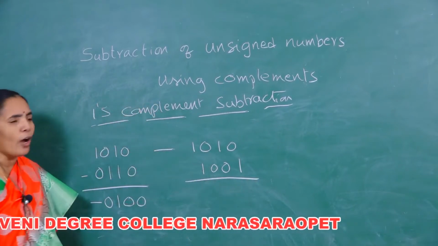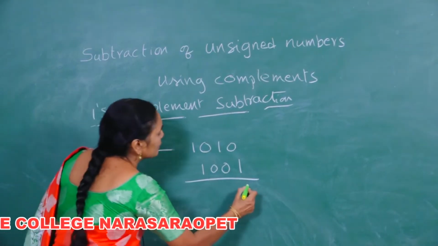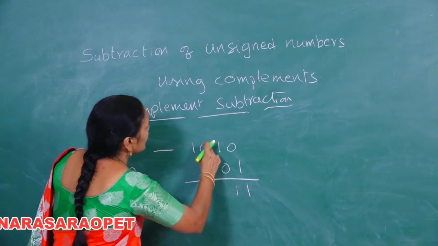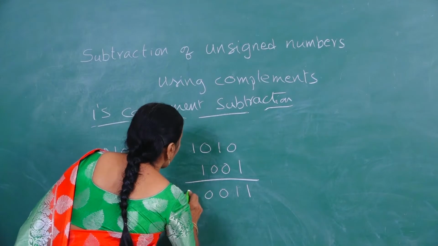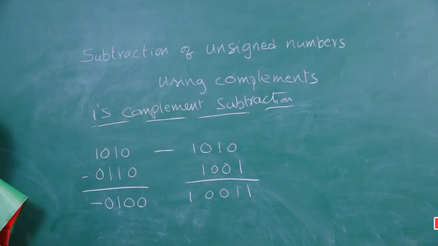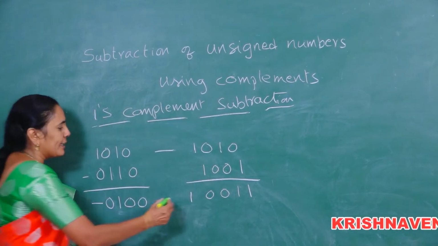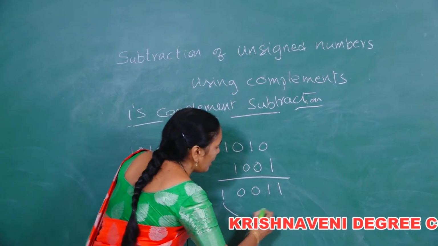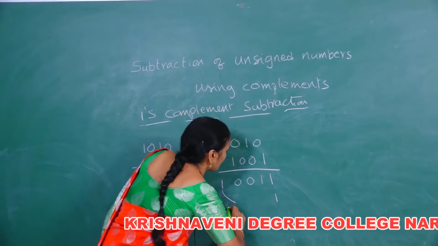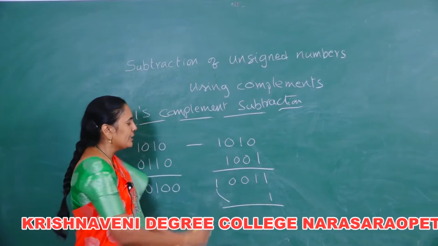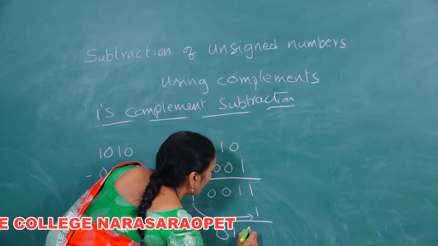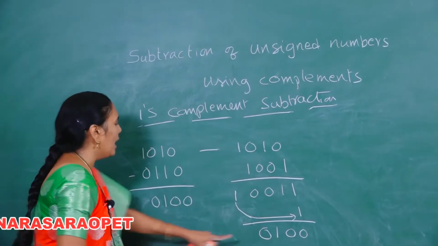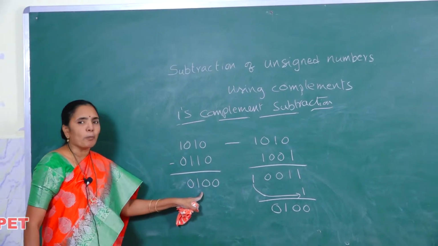You do the normal addition. 0 plus 1 is 1, 1 plus 0 is 1, 0 plus 0 is 0, 1 plus 1 is 0 with a carry of 1. Here we have to add the carry from the last digit to the LSB, which becomes 0100, which is the same answer that is obtained.